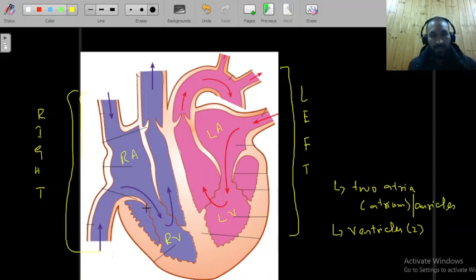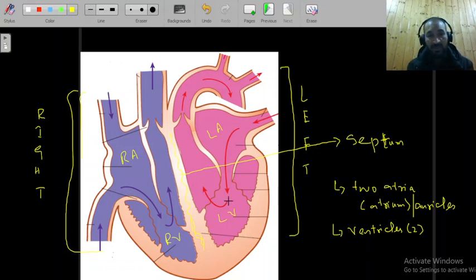Now, if you look at the right and the left half of your heart, there is a thin muscular wall in between. It exists between the right side of your heart and the left side of your heart. So this makes the partition in between. This is referred to as septum. So this muscular wall, which exists between the right and the left half of your heart, is referred to as septum.